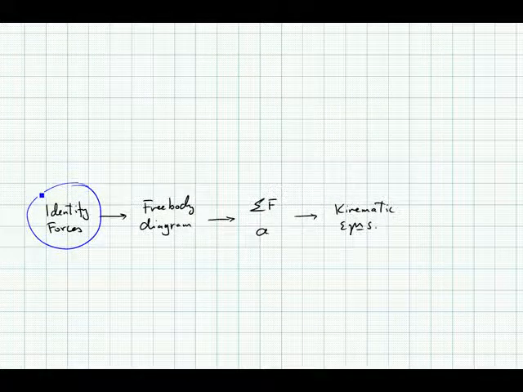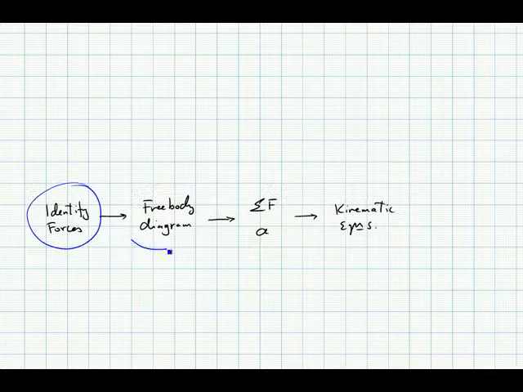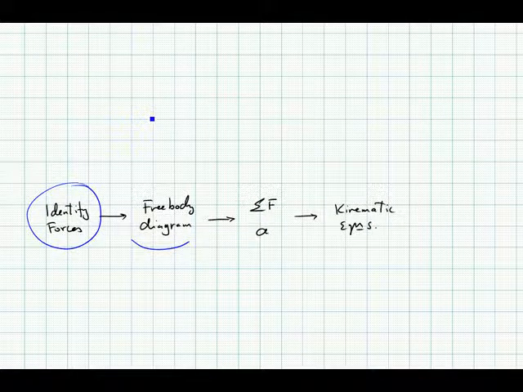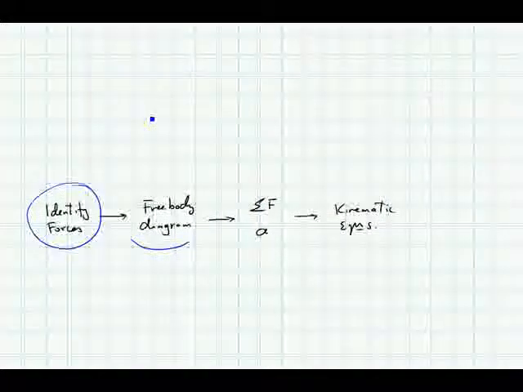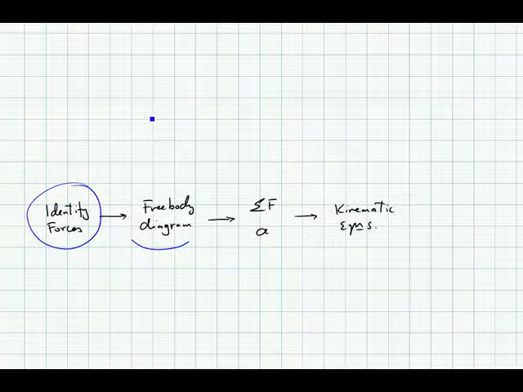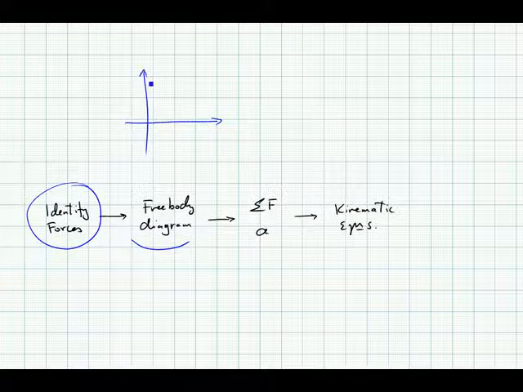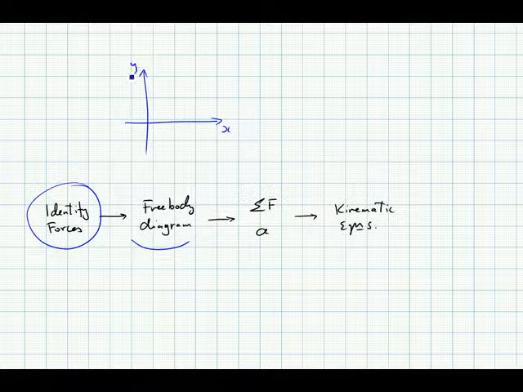Having done so, draw the free body diagram for the object. In the free body diagram, if you're talking about motion on a plane or a linear motion, then you choose the appropriate xy Cartesian coordinate system.